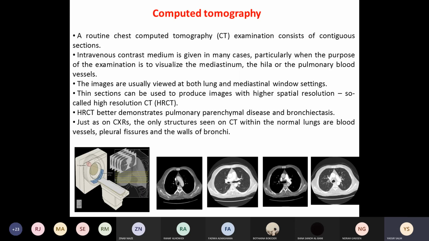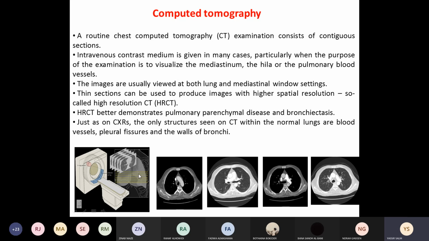The next technique is CT, or computed tomography. A CT chest examination consists of contiguous sections. Notice, for example, here we take sections. These yellow lines are called the scout view or topogram, which determines the level of the section.